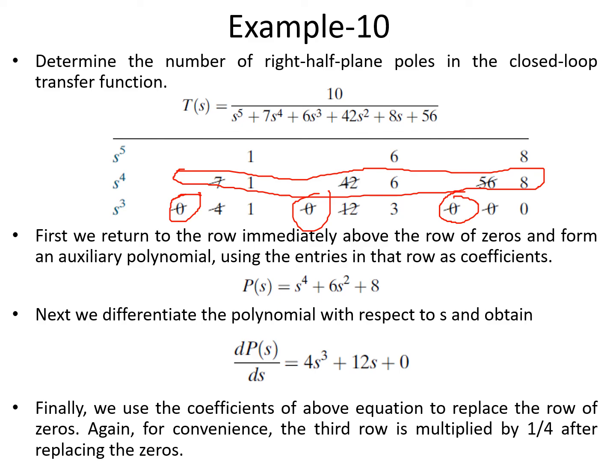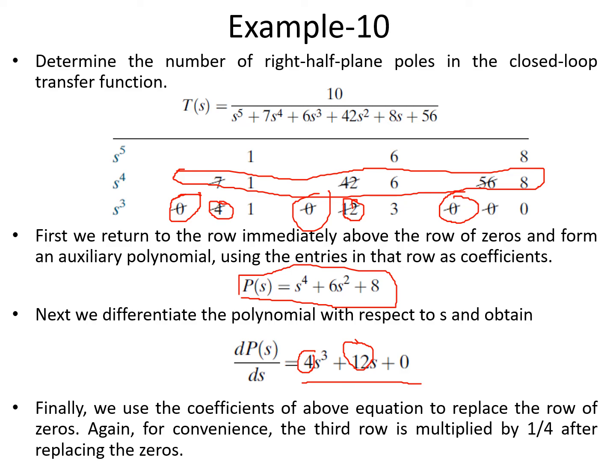Your auxiliary equation is represented as p of s. In some books they also take that as a of s. It's equal to s to the power 4 plus 6s square plus 8. Now we differentiate this equation with respect to s, so that I'll get the value 4s cube plus 12s plus 0. Now these values 4 and 12 are replaced here. Then you will construct your next row elements, and analyze the stability of the system.